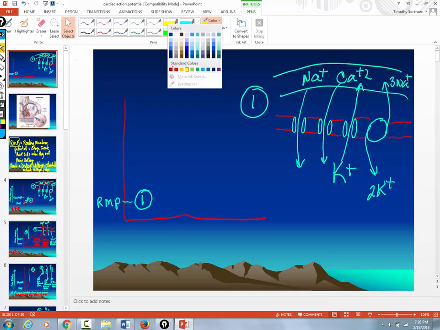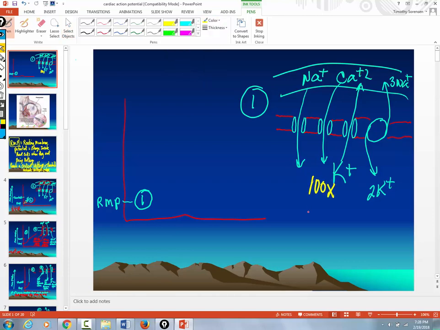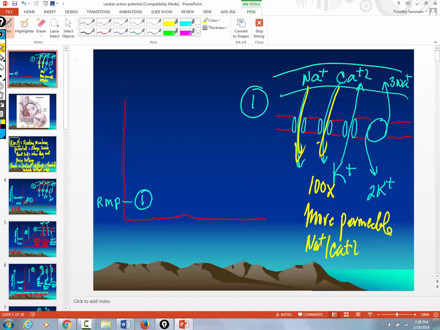Here's the kicker. Potassium is 100 times more permeable than sodium or calcium. So that means that for every 1 sodium and 1 calcium that leaks in, 100 potassiums leak out.